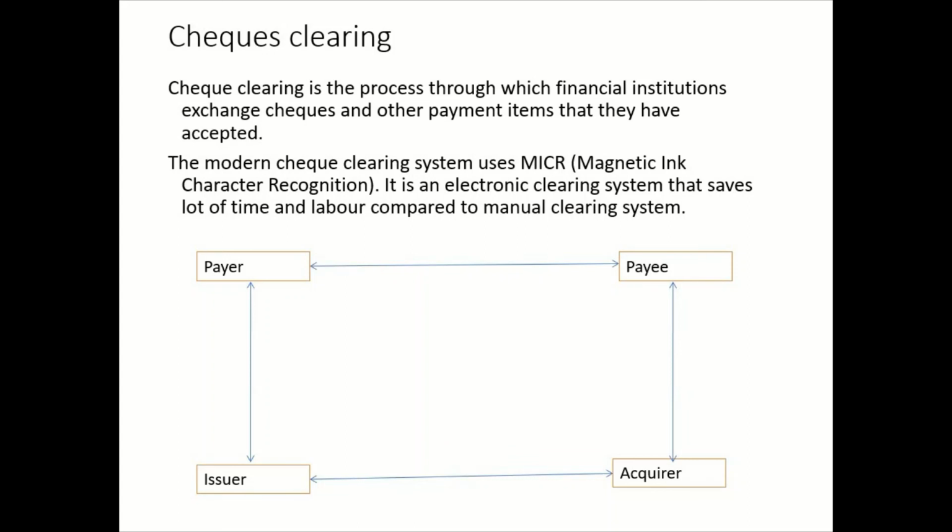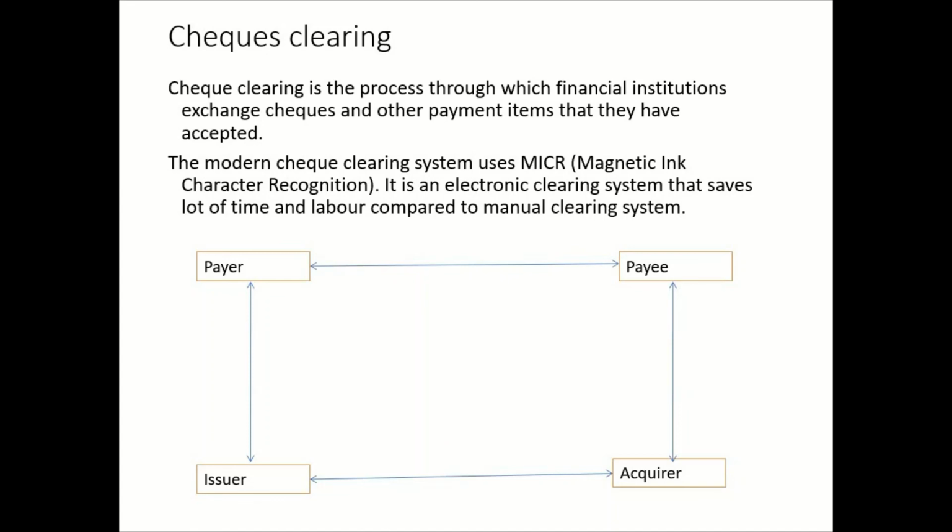The modern check clearing system uses MICR, that is magnetic ink character recognition. It uses a MICR device which reads the check numbers which are printed on the check with a special ink made up of iron oxides.